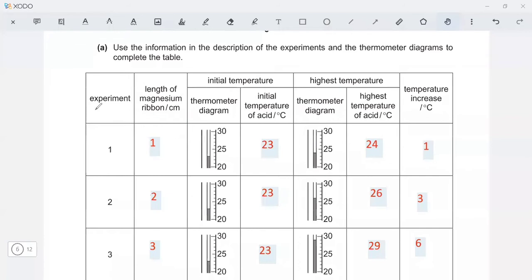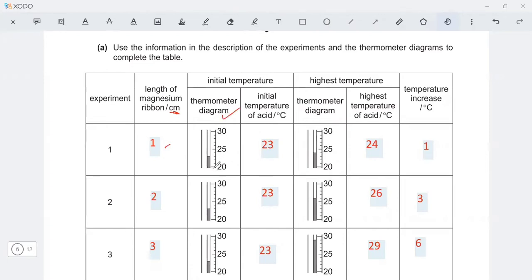So the first experiment here, 1, 2, 3, 4, 5, the length of magnesium ribbon in terms of centimeters. Here centimeter is already written, so you should not write it over here, as that will be considered wrong. Just write the number. Okay, 1 centimeter.